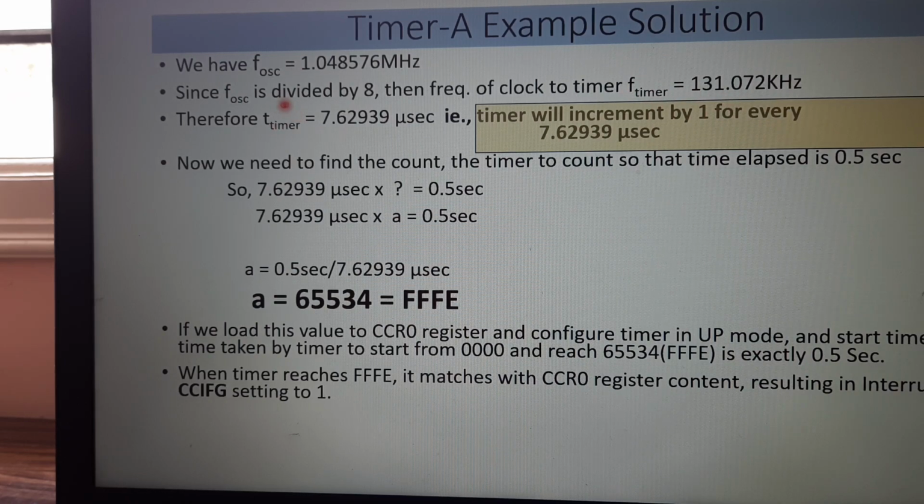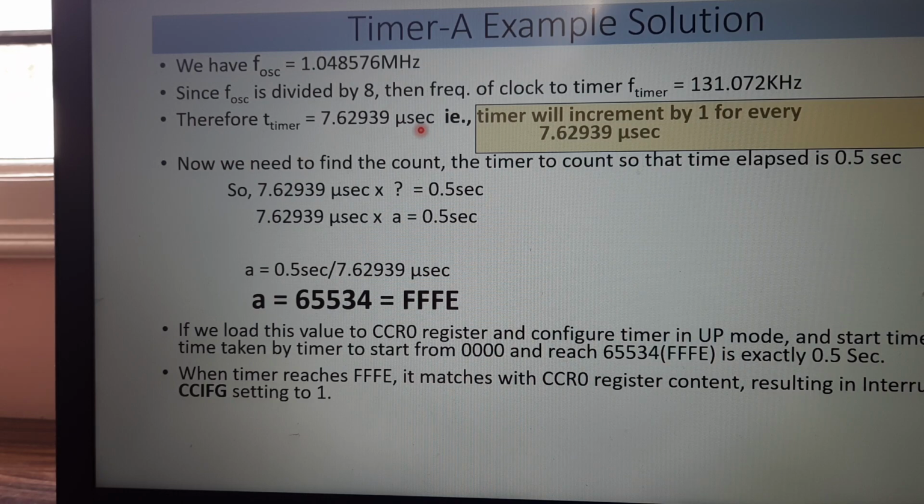Therefore the time T is equal to 7.6 microseconds. That means every 7.6 microseconds, Timer 0 will increment by 1, starting from 0 and going on incrementing towards FFFF.